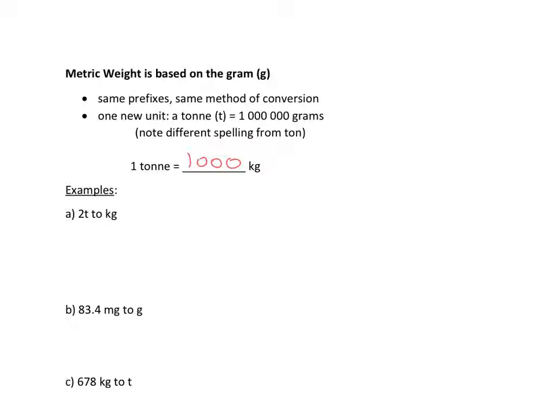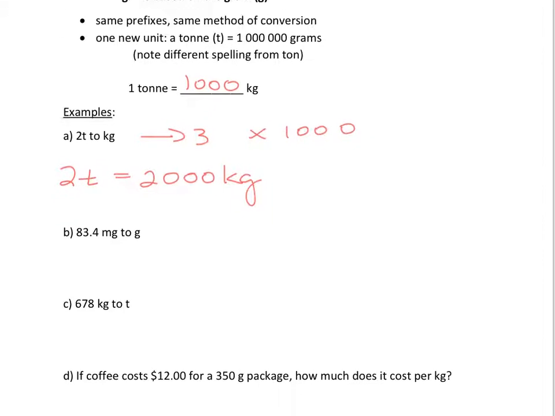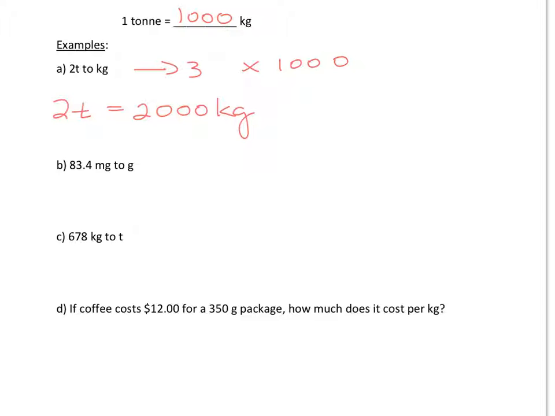So let's do some conversions. 2 tons to kilograms. Well, tons are 1,000 kilograms, so we're actually moving to the right 3 because we're multiplying by 1,000. So 2 tons is equal to 2,000 kilograms. And let's move on to milligrams to grams.